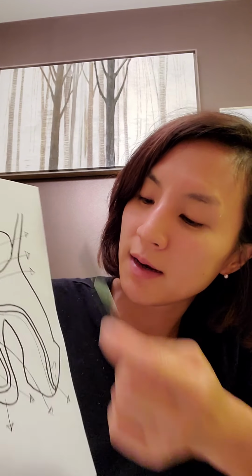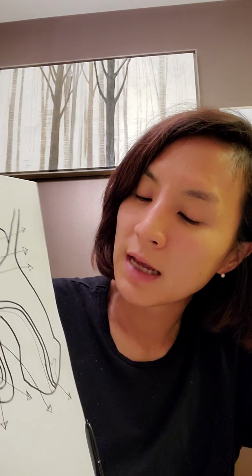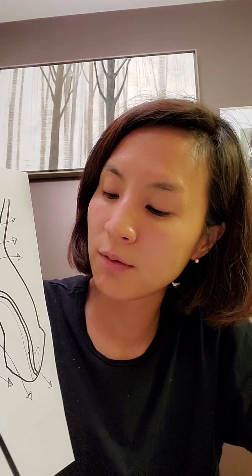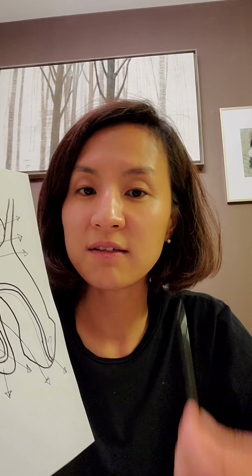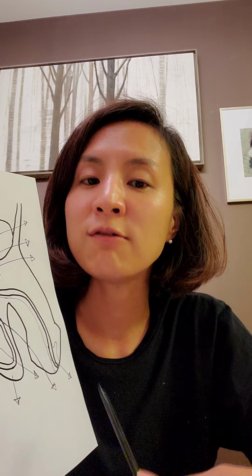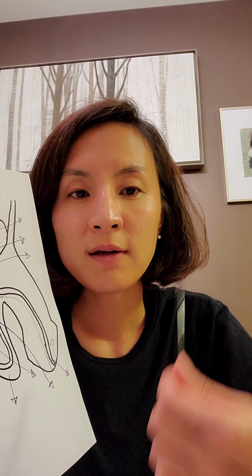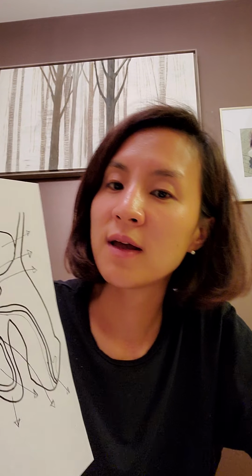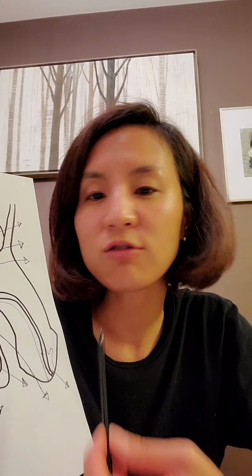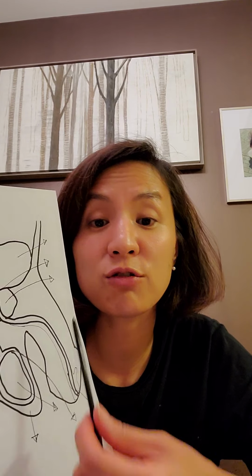We have the bladder here, and among the external organs we have the scrotum, which protects the testes by regulating their temperature, keeping it at the optimal temperature for the sperm. And the penis here transports urine and semen to the outside of the body.